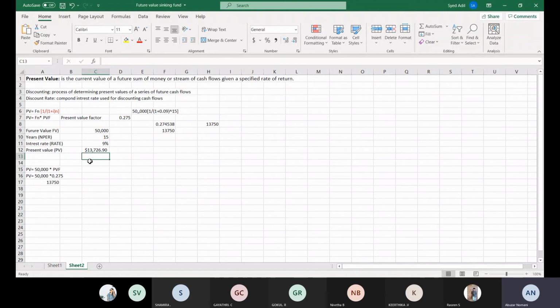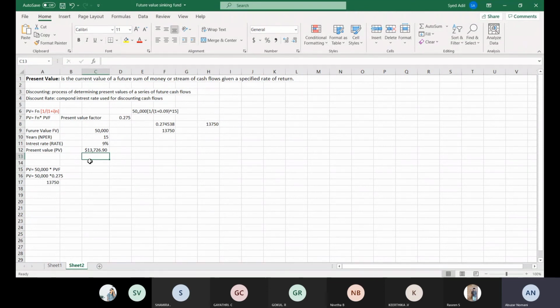So this is the way we can find out the present value, and we can define the present value as well. The two important things that we have to consider here are the discounting and the discount rate. Earlier we were finding out the compounding and the compound rate. Here we have the discounting and the discount rate. So present value is the future sum of money that we are going to receive, at a given specified rate of return.